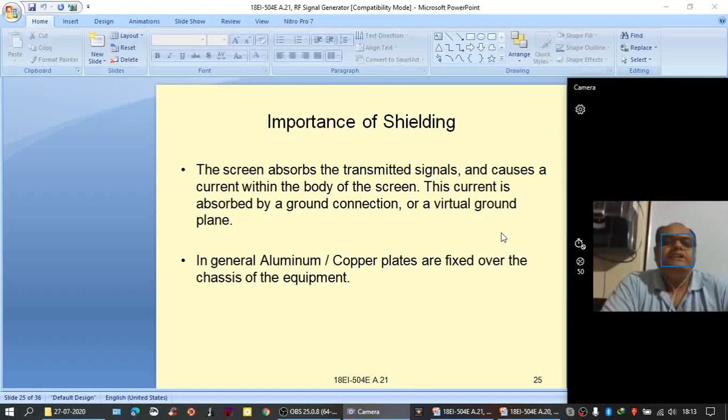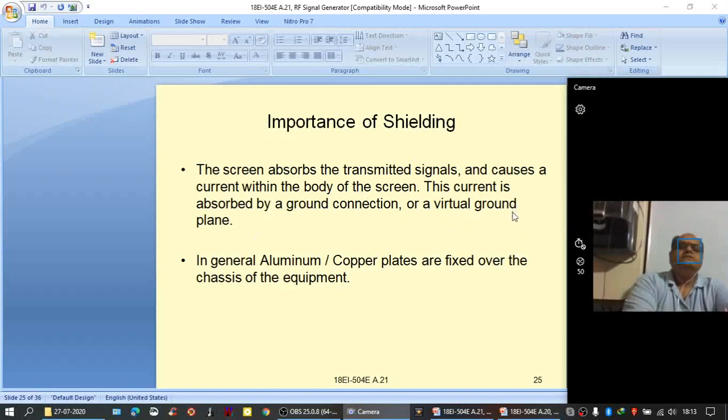Any circuit or any instrument would be covered by a metallic box, and that box body is called the chassis. So whatever current is produced in the shield is connected to the chassis of the instrument, which is effectively connected to ground.